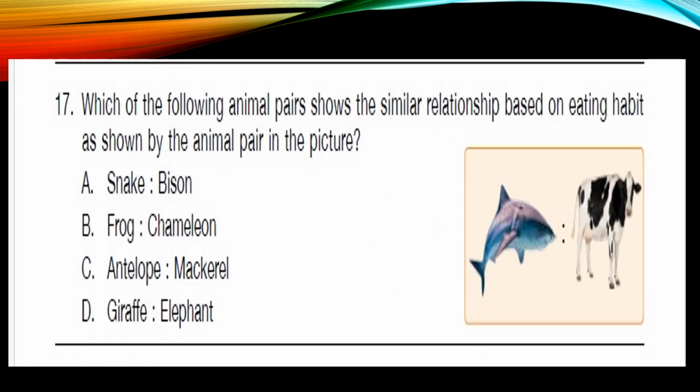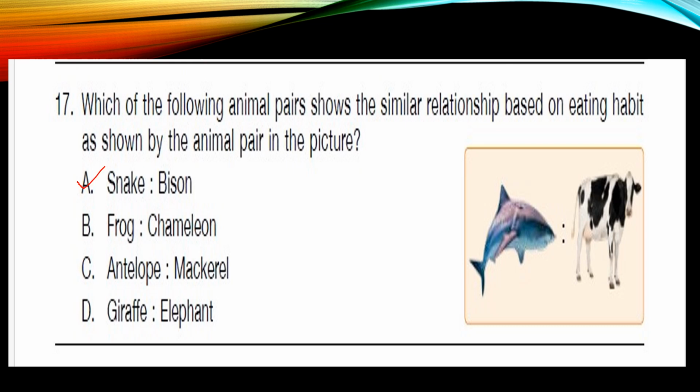Question number 17. Which of the following animal pairs shows the similar relationship based on eating habit as shown by the animal pair in the picture? Option A, snake, bison, B, frog, chameleon, C, antelope, mackerel, D, giraffe, elephant. And answer is option A, snake and bison.